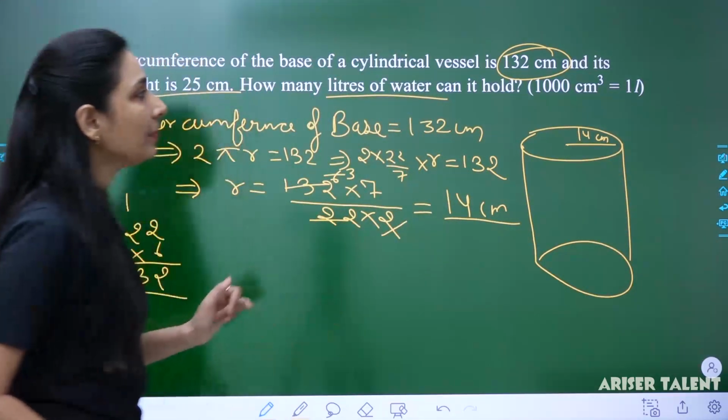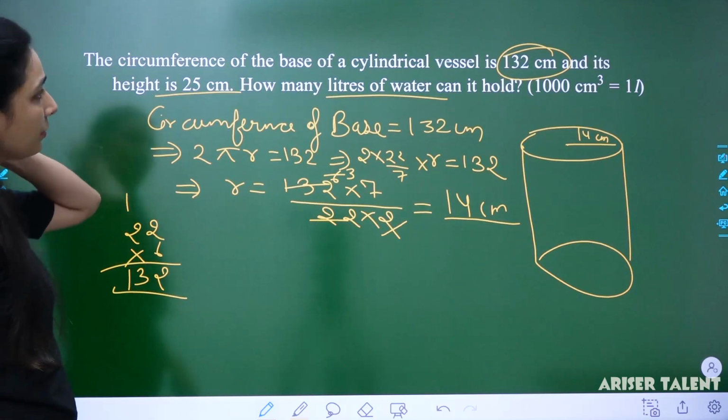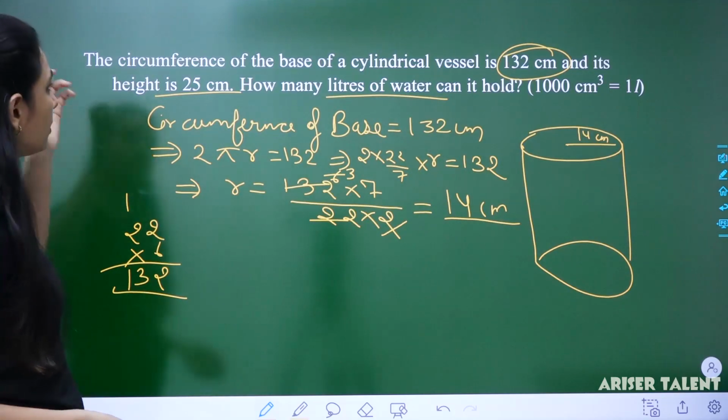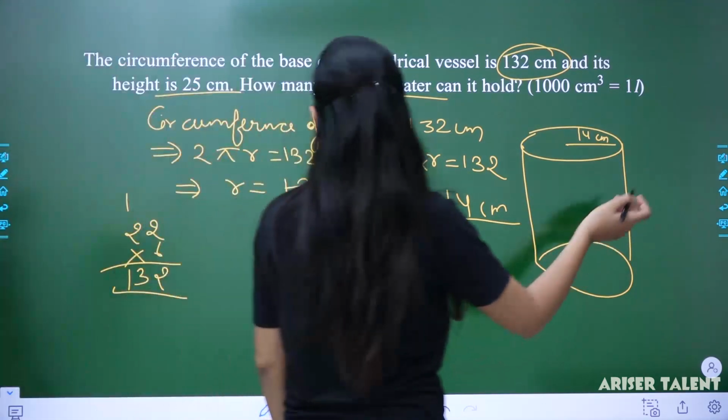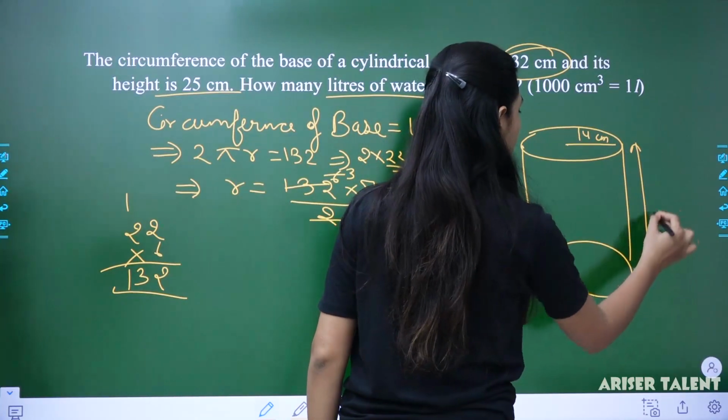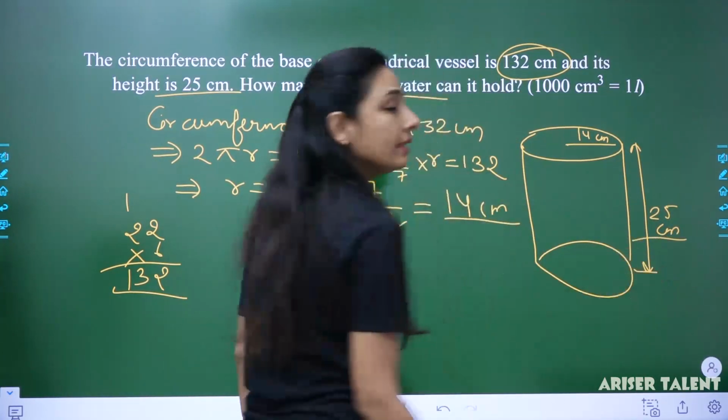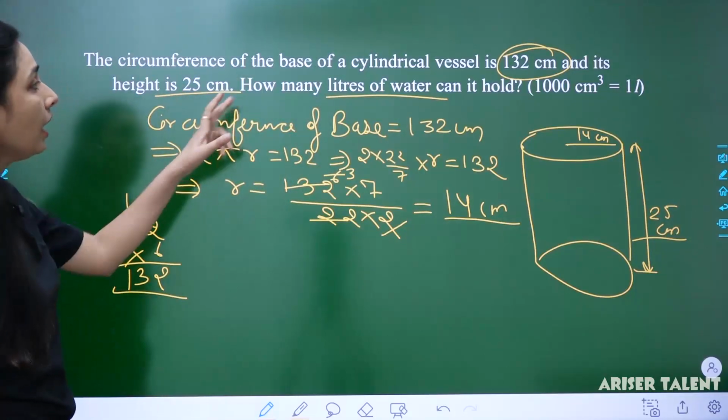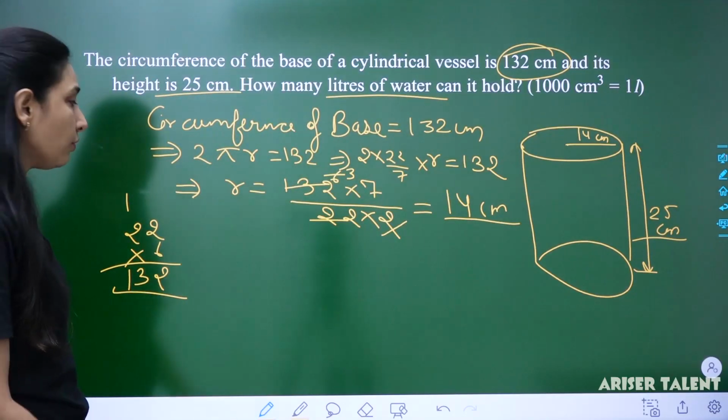Now, if 14 centimeters is the radius and the circumference of the base of the cylindrical vessel is 132, its height is 25 centimeters. How many liters of water can it hold? Simply the volume.